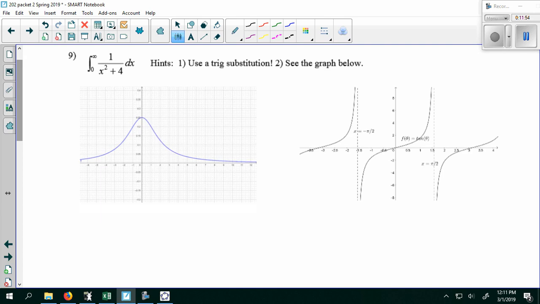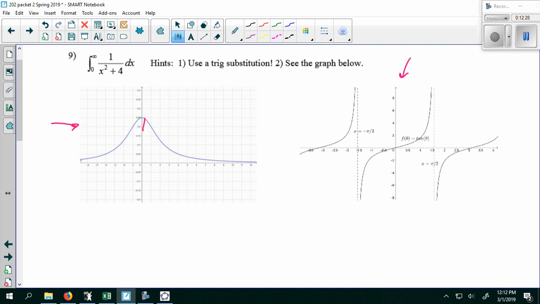Number 9, the integral from 0 to infinity of 1 over x squared plus 4 dx. The first hint is to use a trig substitution to get the antiderivative. And the second hint is to use a graph to determine some values. The graph that was given is not the graph of what we're trying to integrate, so I added this graph of 1 over x squared plus 4 right here.